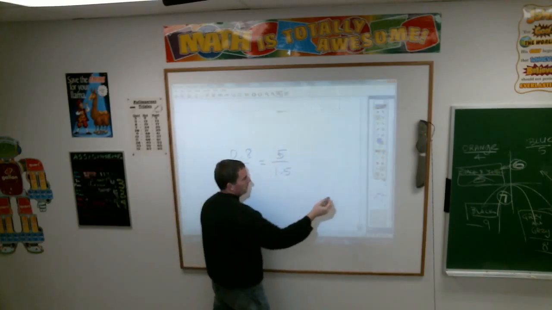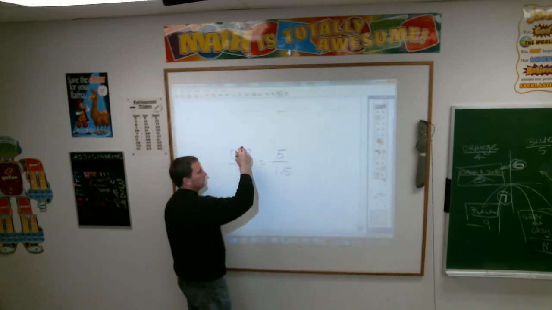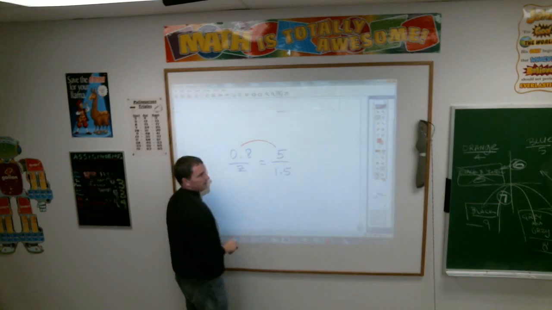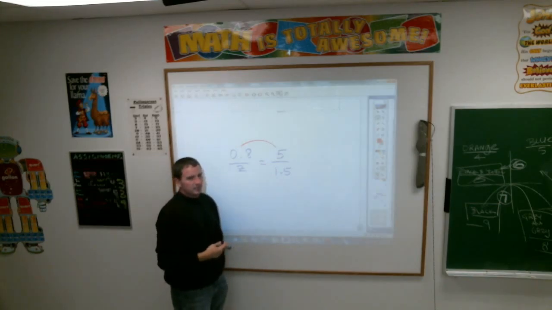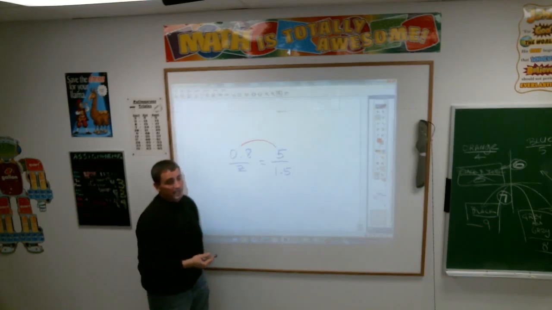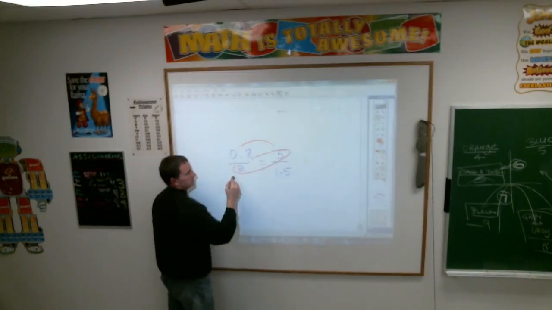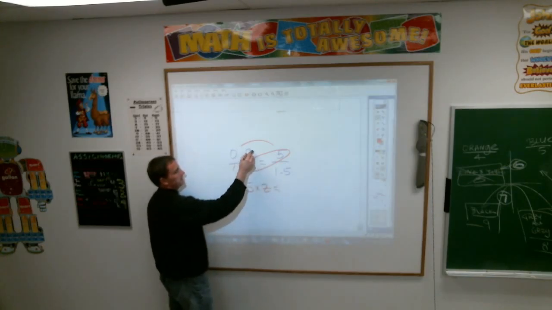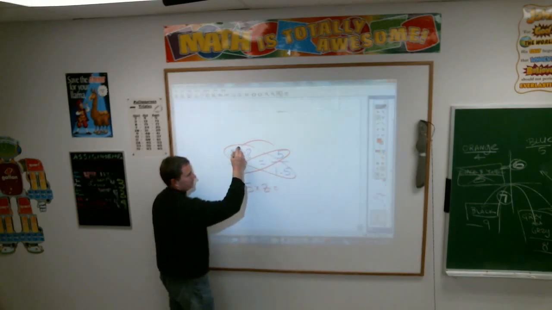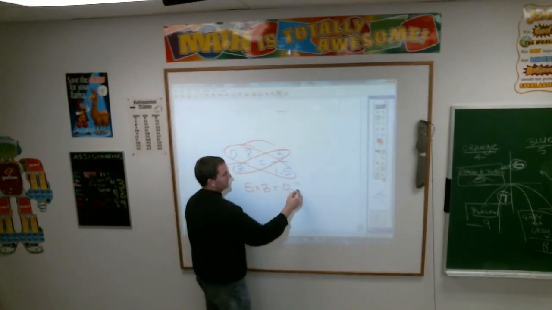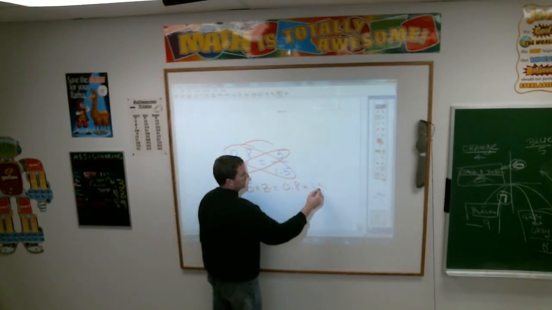You should always look to see if you can do this: 0.8 times what is 5? But as soon as you realize that that's not going to work out very easily, then you use the cross products, which means you take one diagonal, 5 times z, and that has to equal the other diagonal, 0.8 times 1.5.